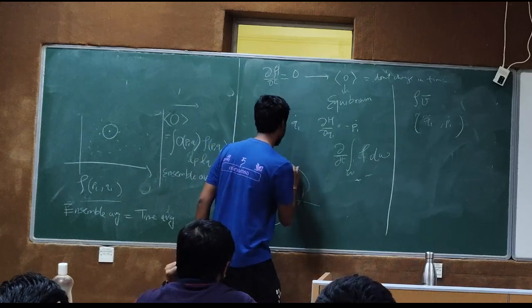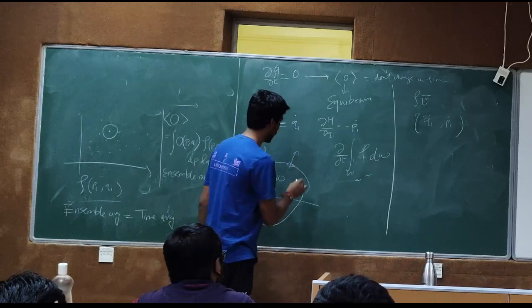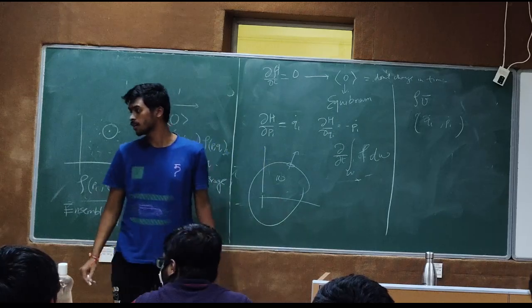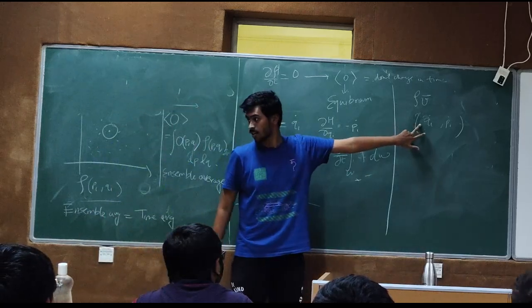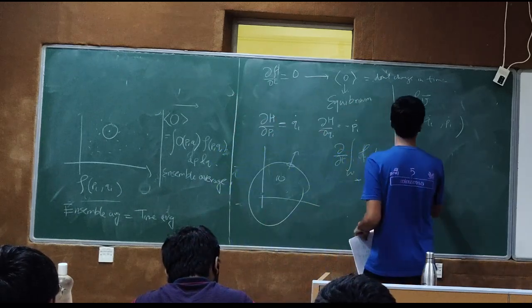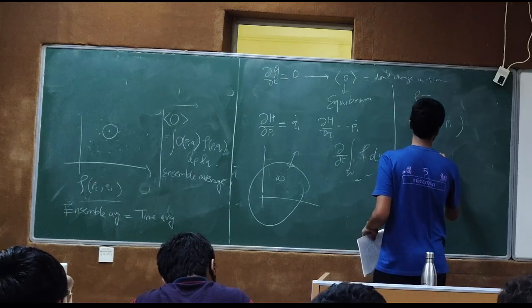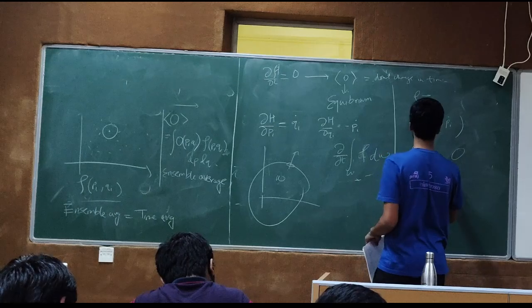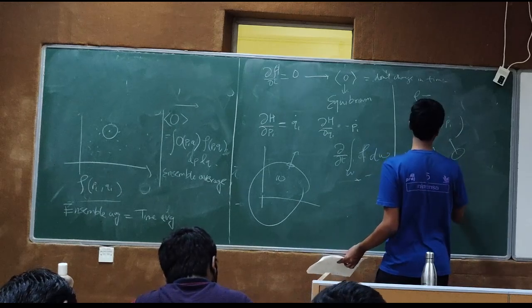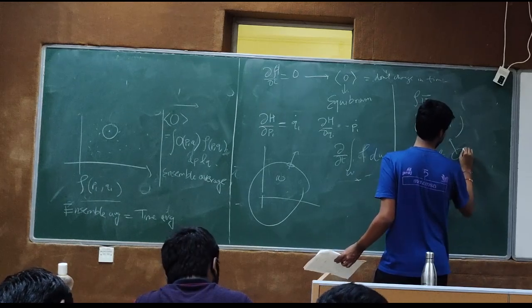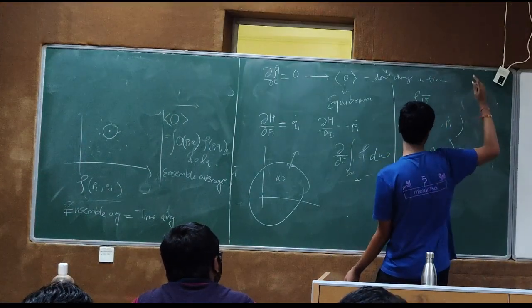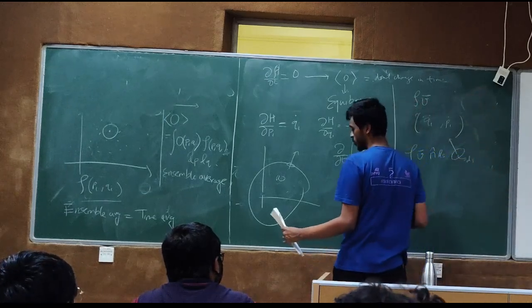It gives you the rate of flow per unit area. So what I'm trying to say is rho v dot n cap, wherein n cap is a normal vector to an area. This times the area gives the number of particles flowing through the surface per unit time.